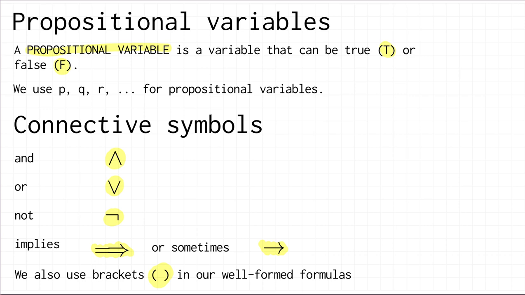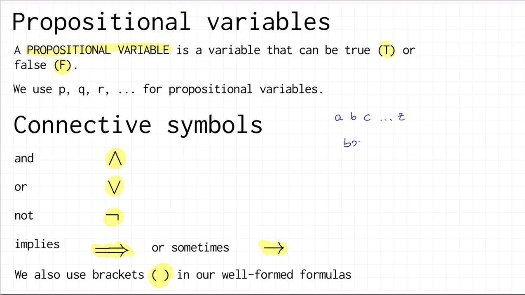Okay, so a well-formed formula is not just any collection of propositional variable symbols, connective symbols, and brackets. You have to obey some rules in order to make sure that what you have is a meaningful logical expression. It's a bit like what happens in natural languages. There are lots of English letters, A, B, C, and so on up to Z, but not all combinations of those letters make a legitimate word.